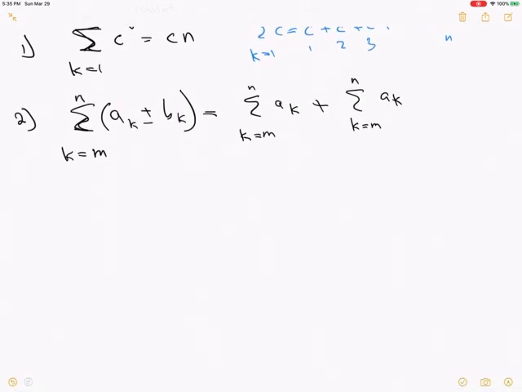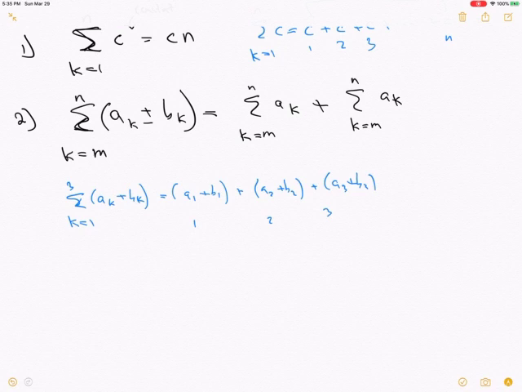For example, as an example, say the summation of ak plus bk as k goes from 1 to 3. By definition that means you're going to do a1 plus b1 plus a2 plus b2 plus a3 plus b3. That's for k equals 1, k equals 2, k equals 3. Of course this is all addition, so you can rearrange the order: a1 plus a2 plus a3 plus b1 plus b2 plus b3.